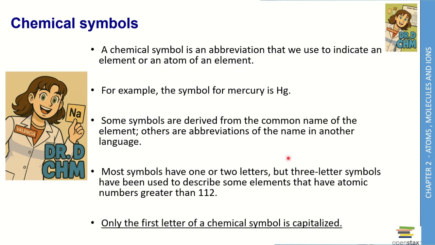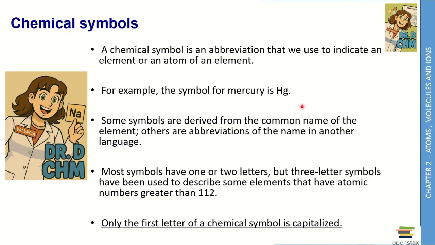We also use symbols to represent the elements, like C for carbon or O for oxygen. But you also need to pay attention because for some elements, the name comes from different languages, like a Greek word. For example, mercury uses the symbol Hg. Why?